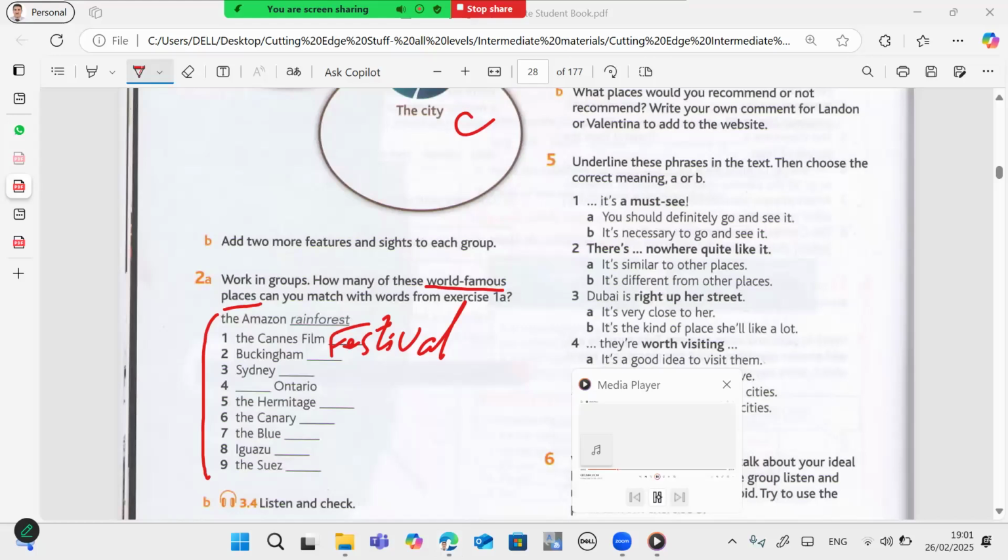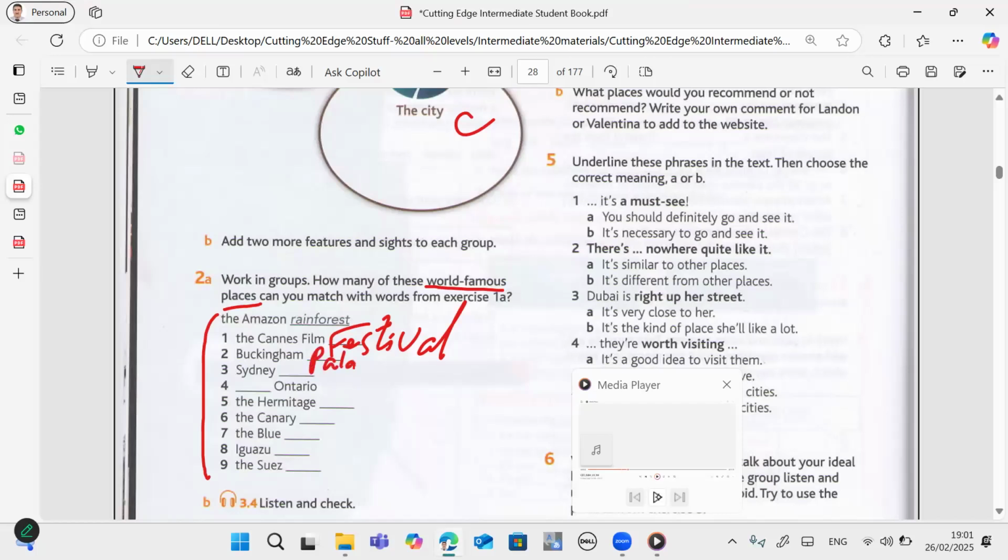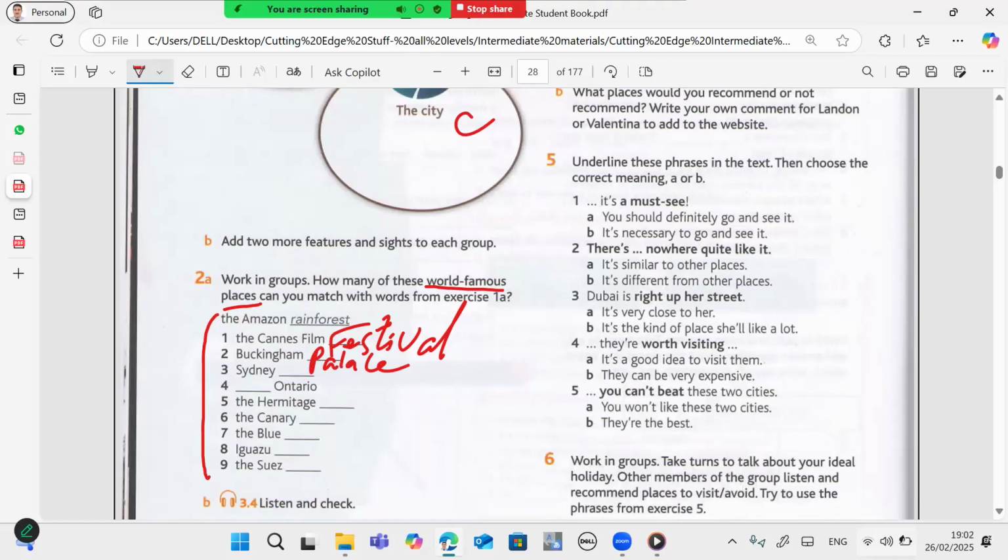2. Buckingham Palace is the home to the Queen of England and one of the most popular tourist attractions in London. What do you know about Buckingham Palace? It's the palace of the Queen. Yes, it's the home of the Queen and the King of UK.